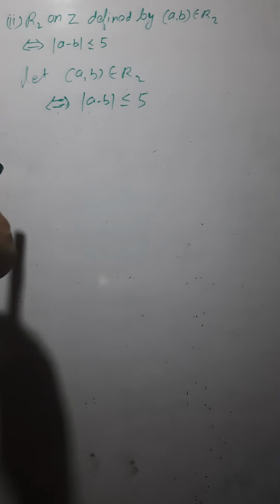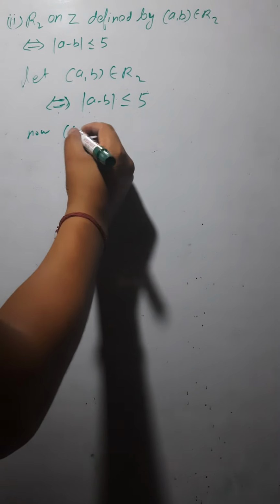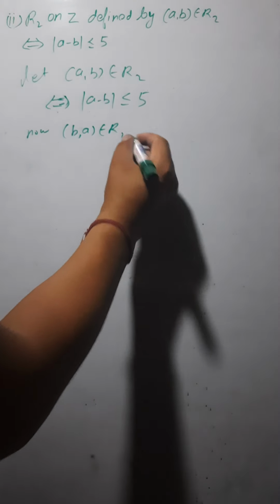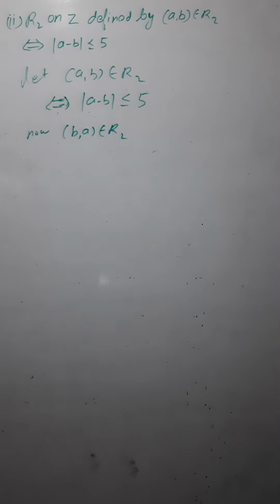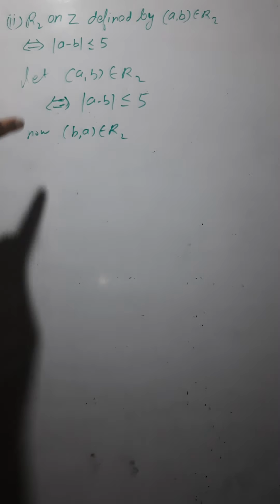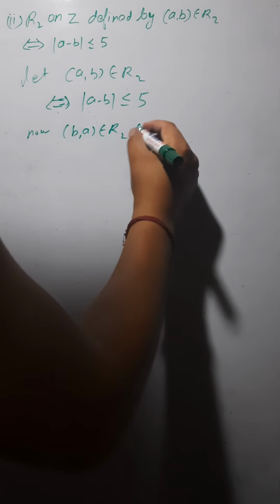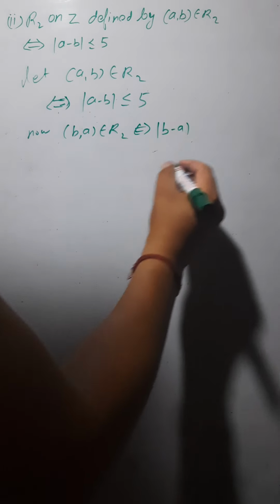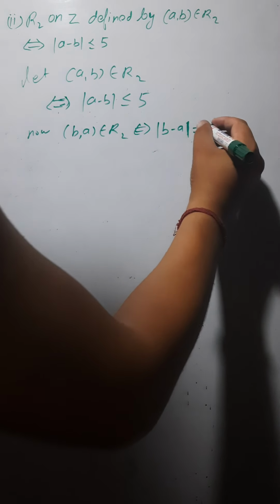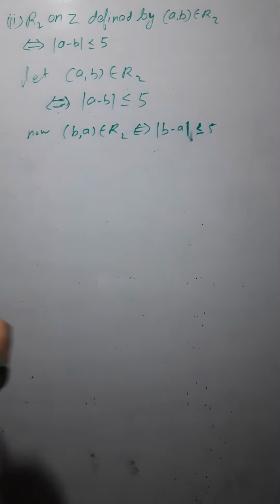Now we take (B, A). Would (B, A) also be in R2? Yes, it would be if it follows the condition: the modulus of B minus A should be less than or equal to 5.